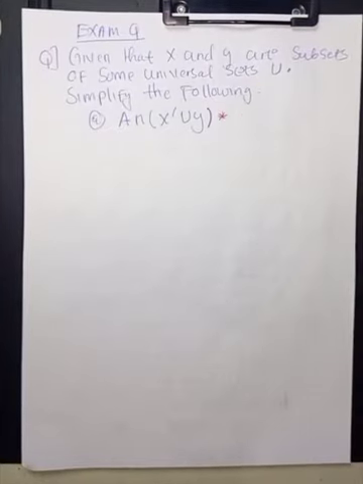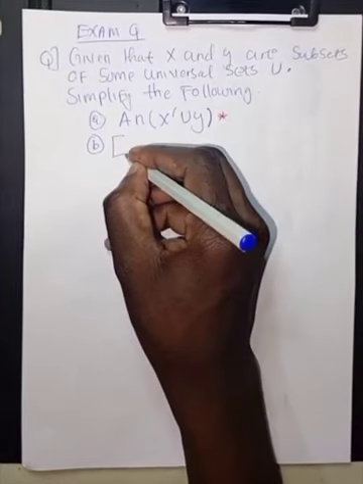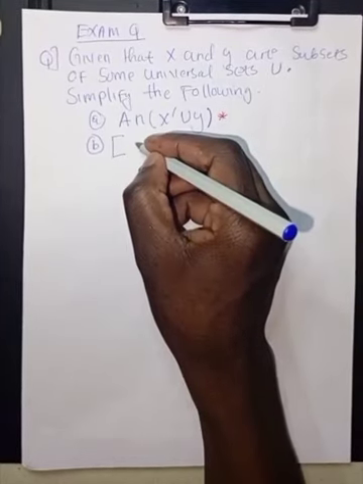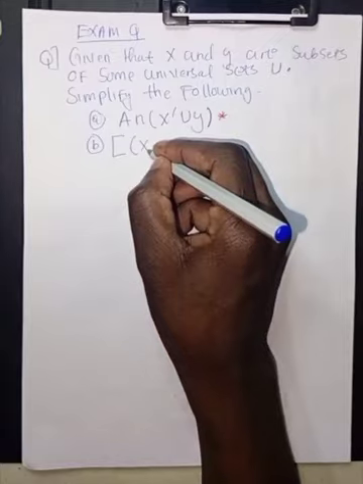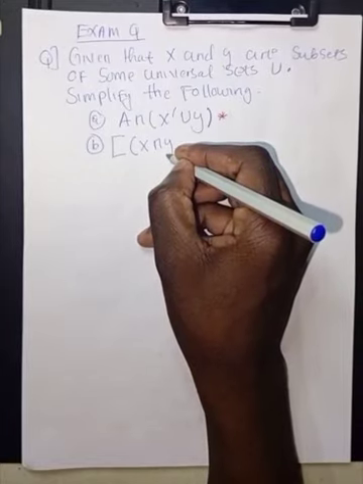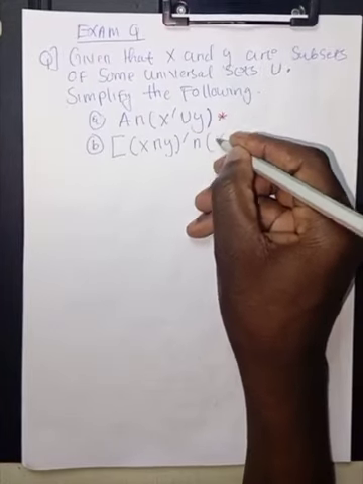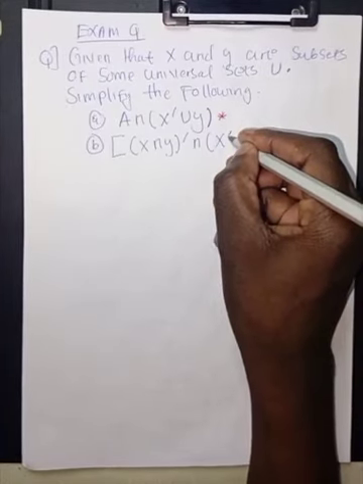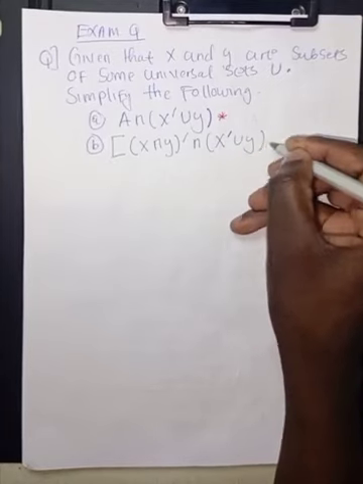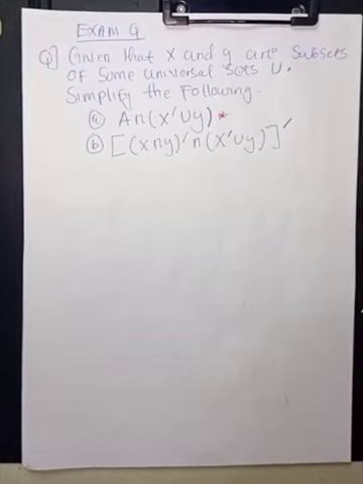Most of you made a lot of mistakes here. And then B, we have an open square bracket, then a smooth bracket here, then we have X intersection Y, and then complement, then intersection X complement union Y, then we have again a square bracket, the complement outside. Okay, so this is what we have.